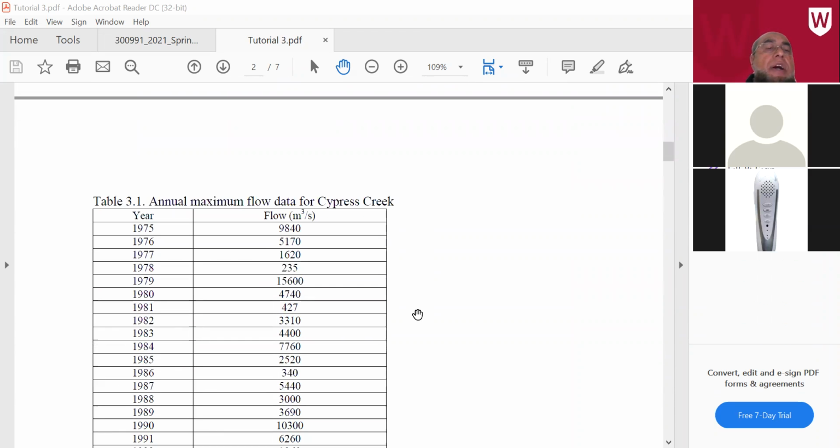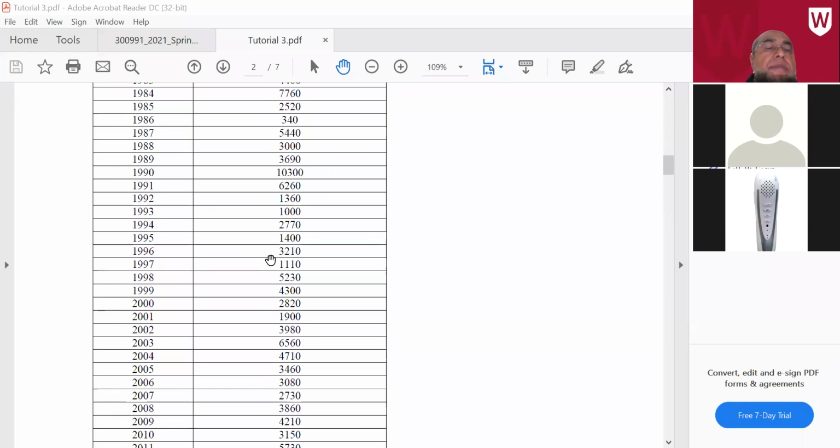We have the data given for some of the problems, I think from problem 2 to the remaining problems. This is for every year. We have the annual maximum flow data. So that means that in 1975, the highest flow was 9840 meter per second at this location.